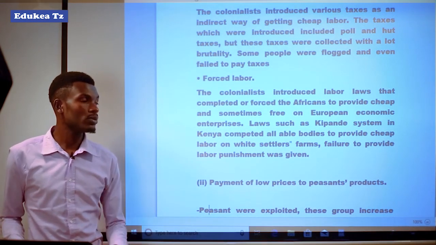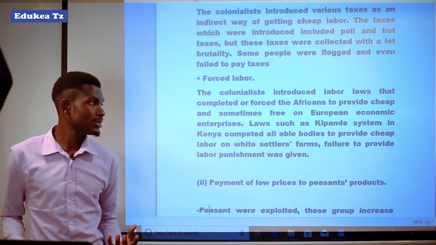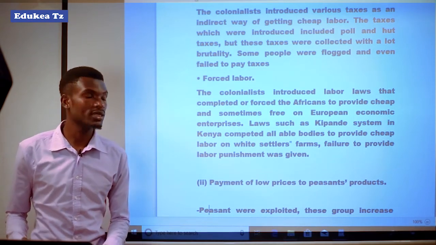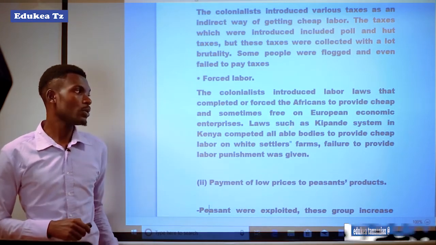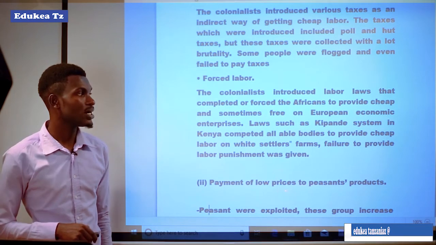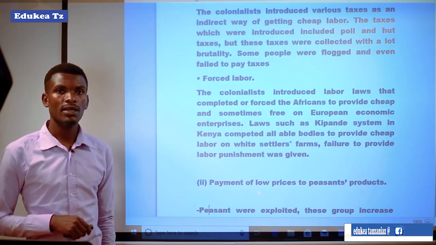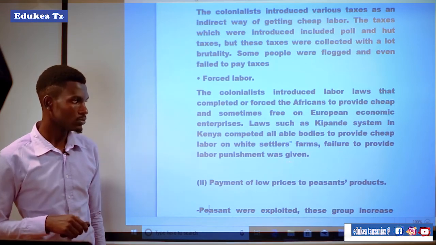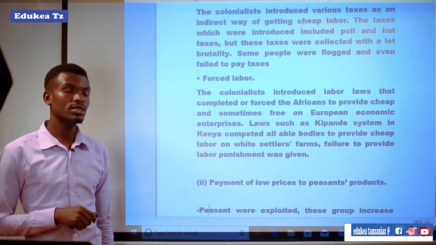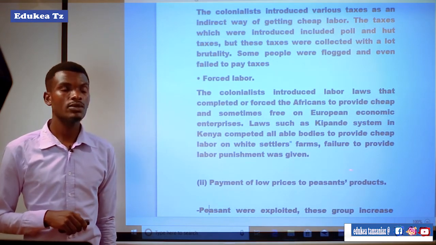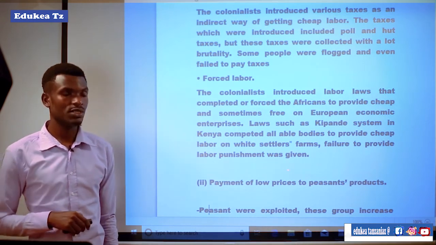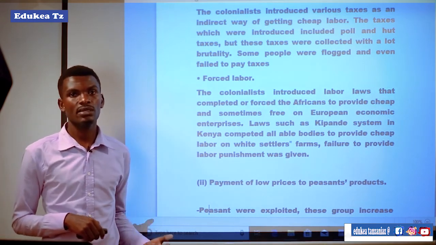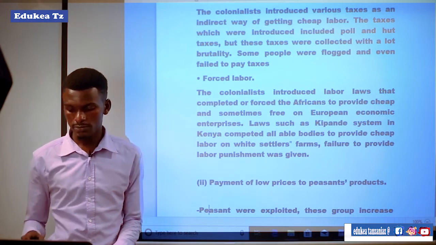For example, laws such as the Kipande system, which was introduced in Kenya, compelled all able-bodied people in Kenya to provide cheap labor. Those who refused to do so on white settlers' farms in Kenya were given punishment by the colonialists.